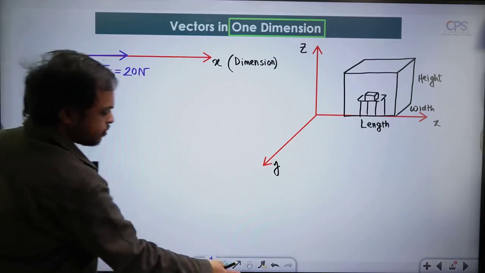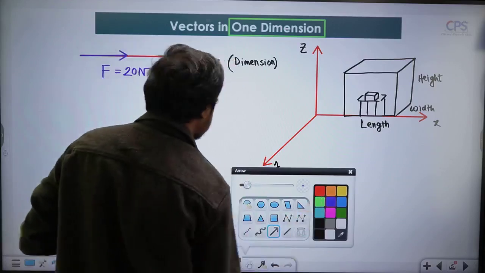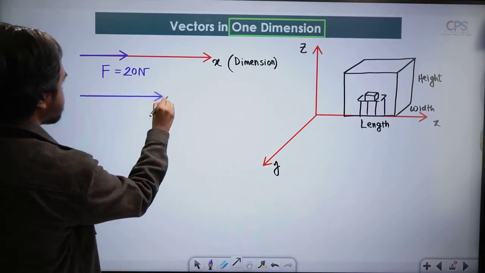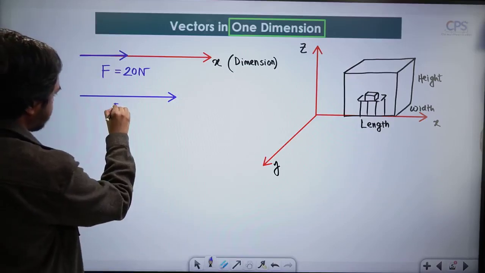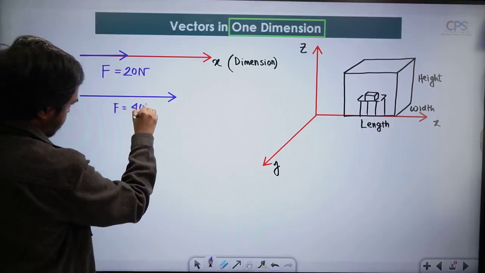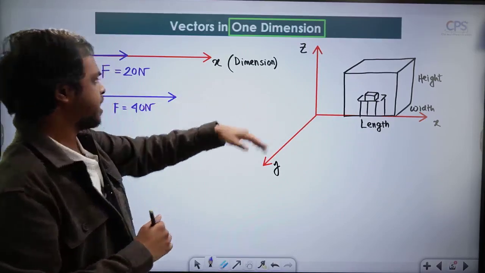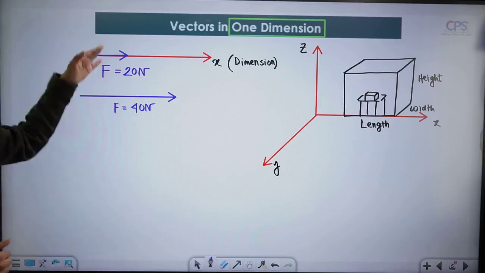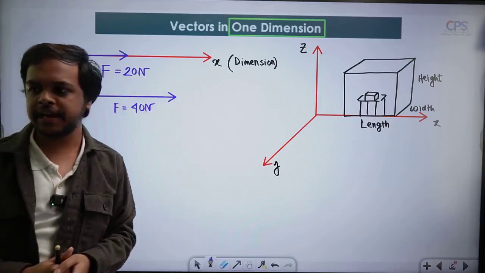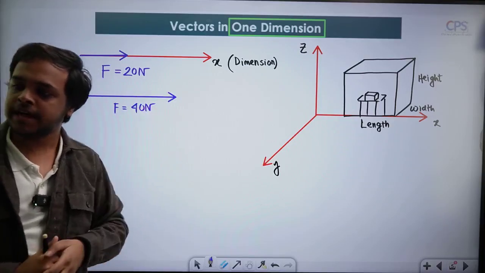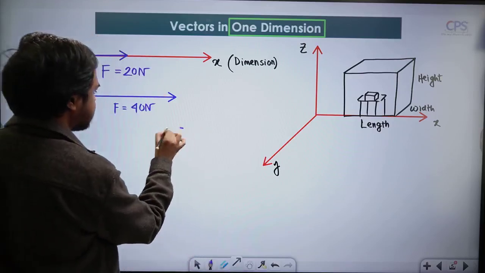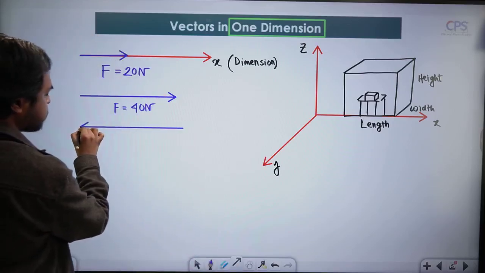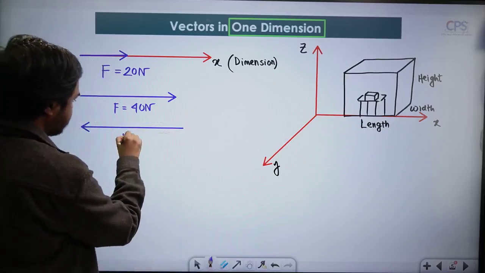Now let's say another force, 40 Newton. This is also in the same direction, parallel to it, so this is one dimension as well. Let's say another vector, 45 Newton.